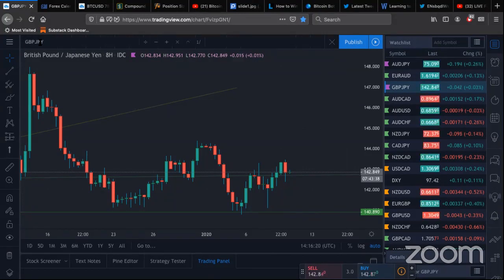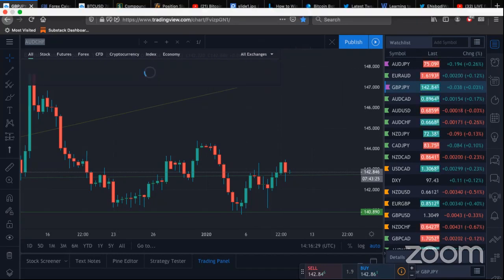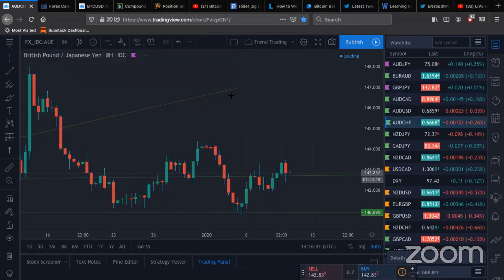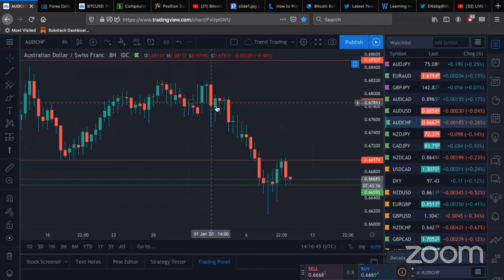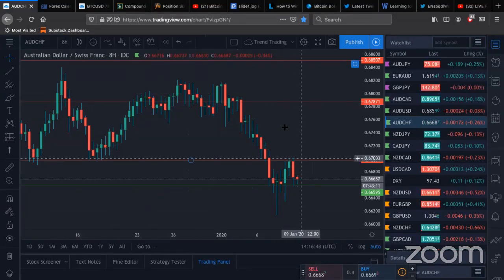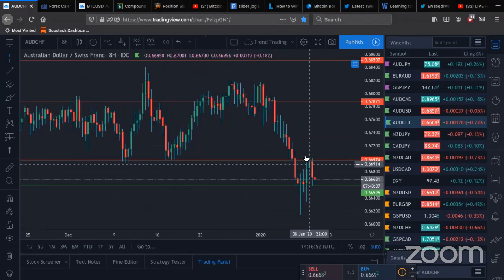You're focused on the Swiss franc pairs. Let's take a look. All right, so if you're looking here at the Australian dollar Swiss franc, very good in recognizing the resistance up here.